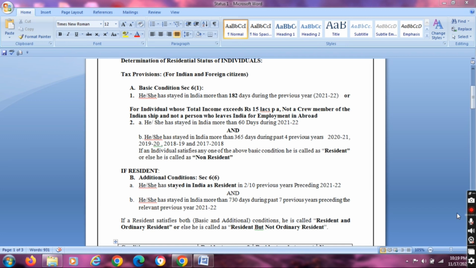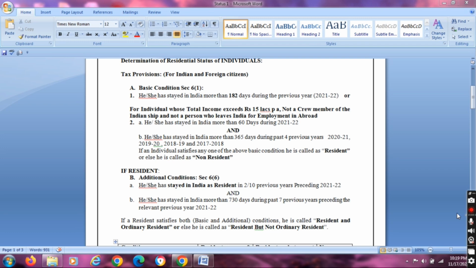If a resident satisfies both basic and additional conditions, he is called resident and ordinary resident, or else he is called resident but not ordinary resident.